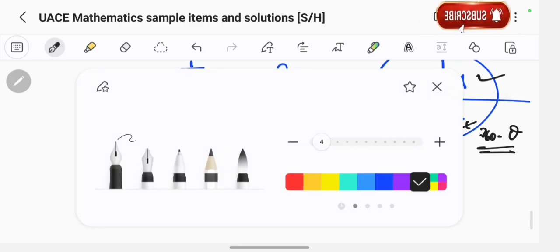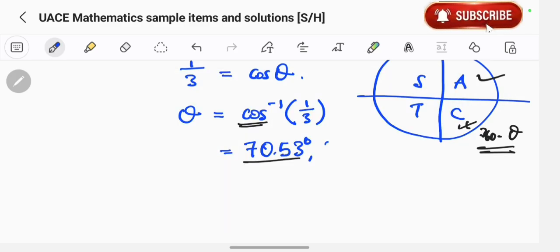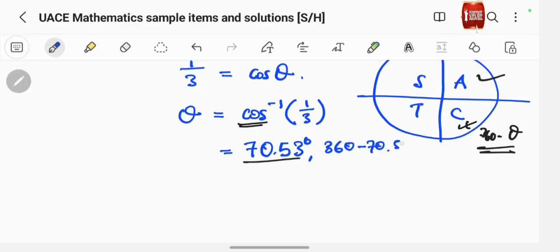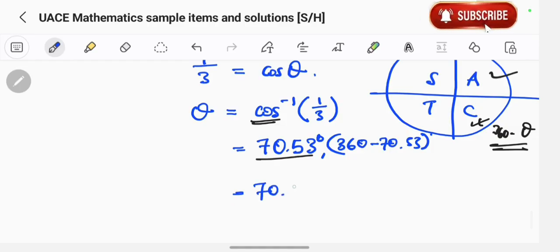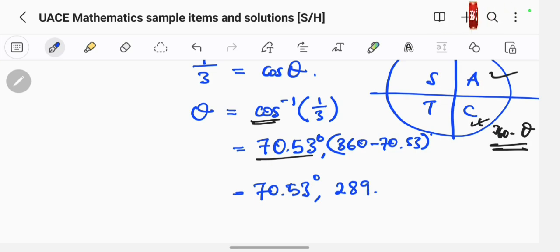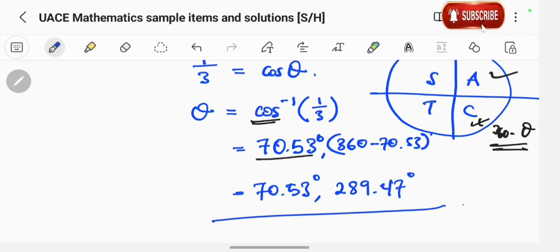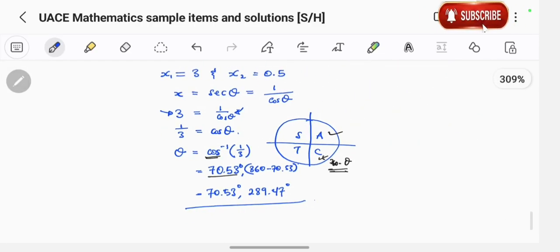So we're going to say 360 minus 70.53 is our next angle. So the first angle is going to be 70.53 and the next angle is going to be 289.47 degrees. We have two values of theta.